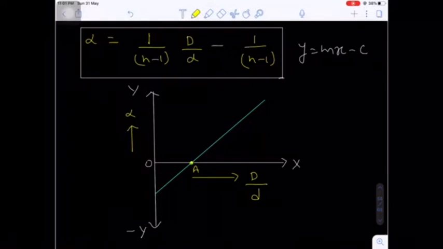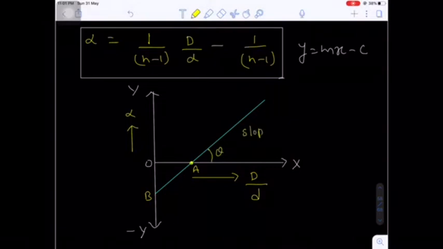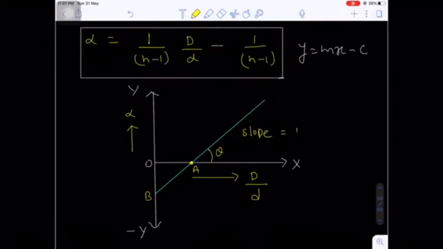This is point A, this is point B. Now this is the slope theta, m is equal to tan theta.